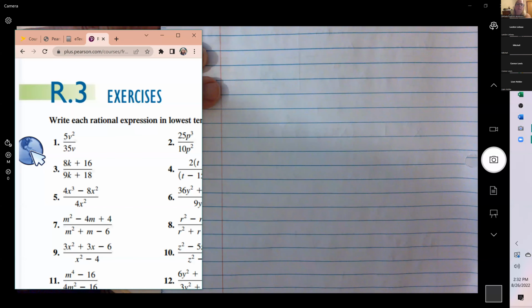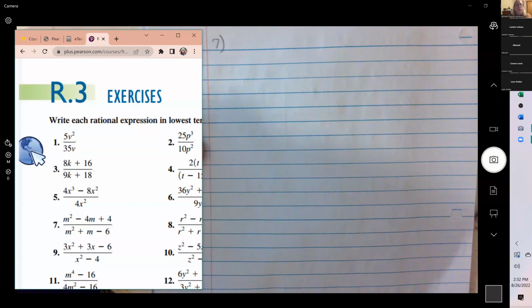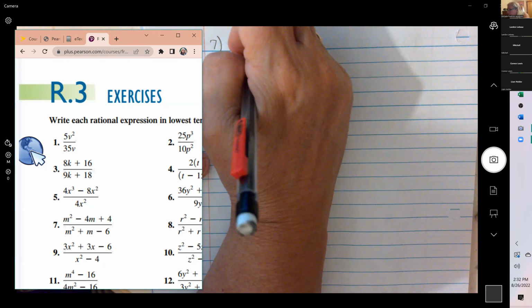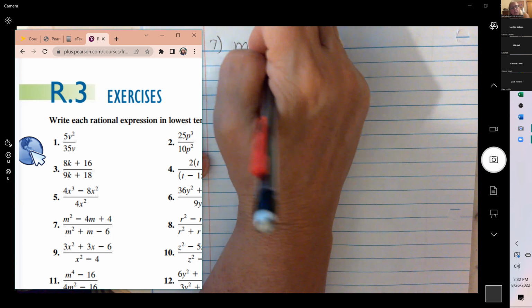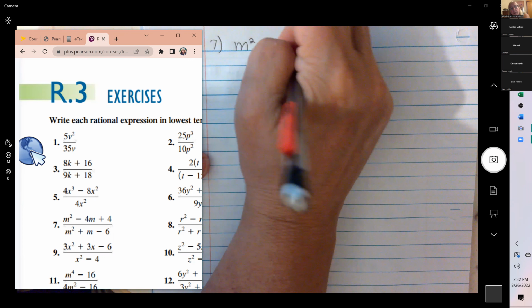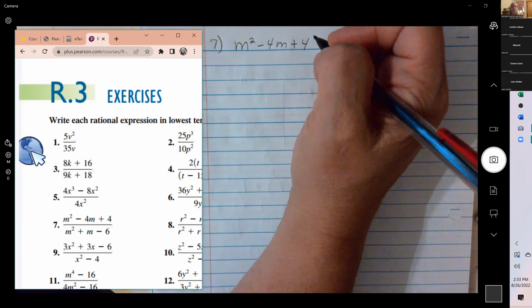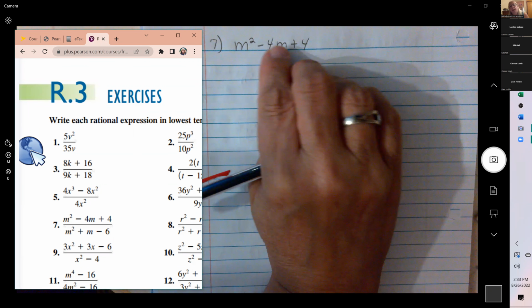Number 7. Now, number 7, you cannot just cancel those m squareds. Your quantities need to be multiplied together. If you look at the first one we did, notice that 5v squared, that's all multiplied together. 35v, that's multiplied together. So we could just cancel. But these have separate terms.